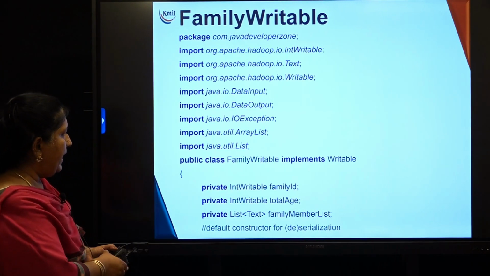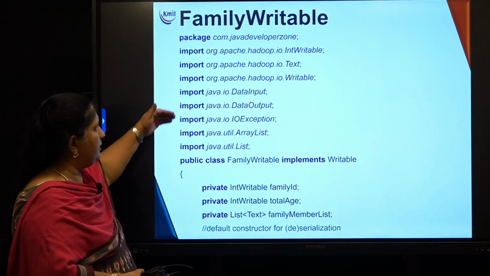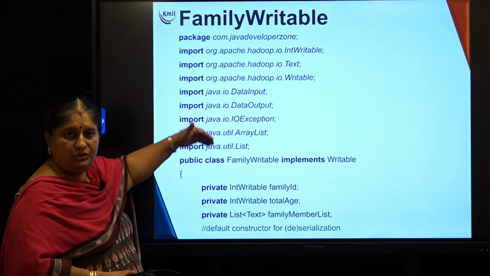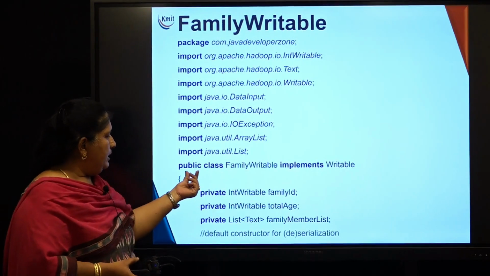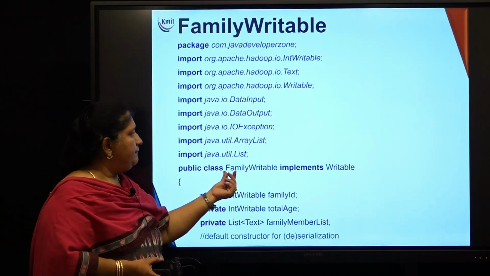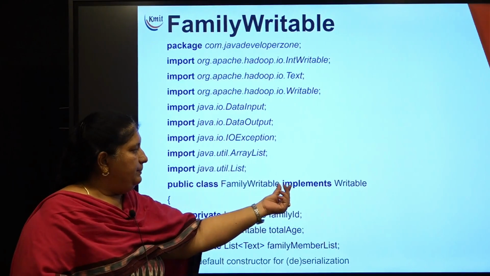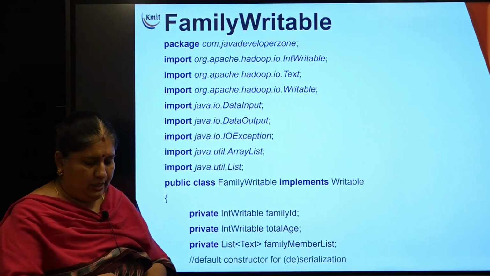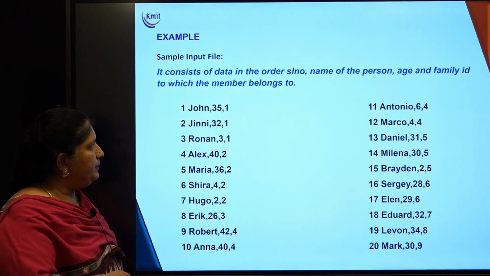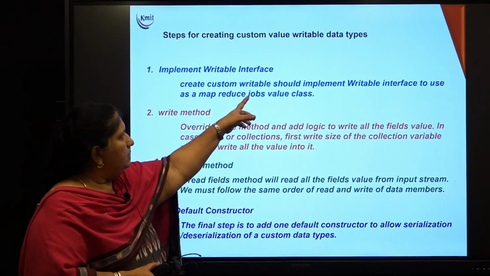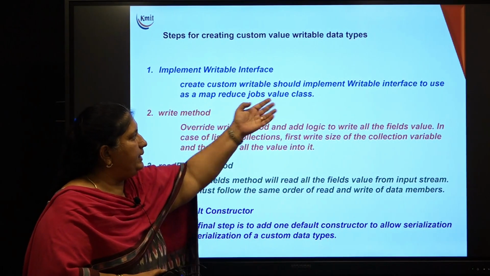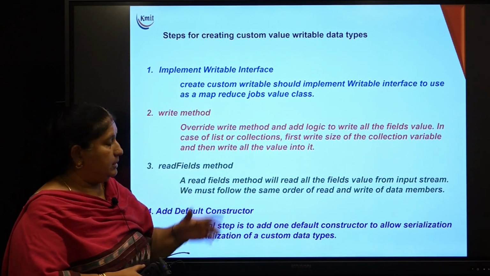First, whatever packages are needed, we are importing all the packages corresponding to Java and Hadoop, and I am writing public class FamilyWritable implements Writable interface. This is the first requirement of implementing a custom writable. To create a custom writable, the class should implement the Writable interface.